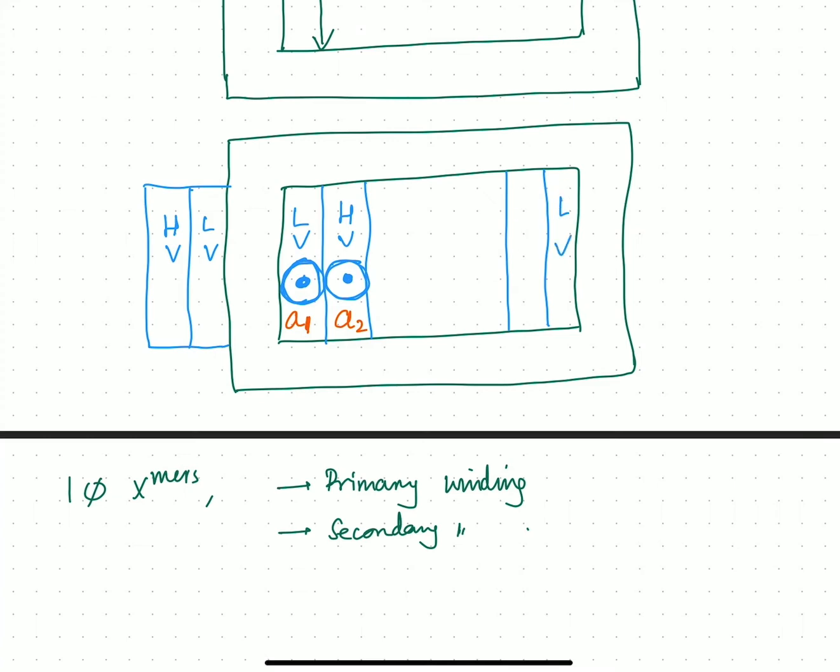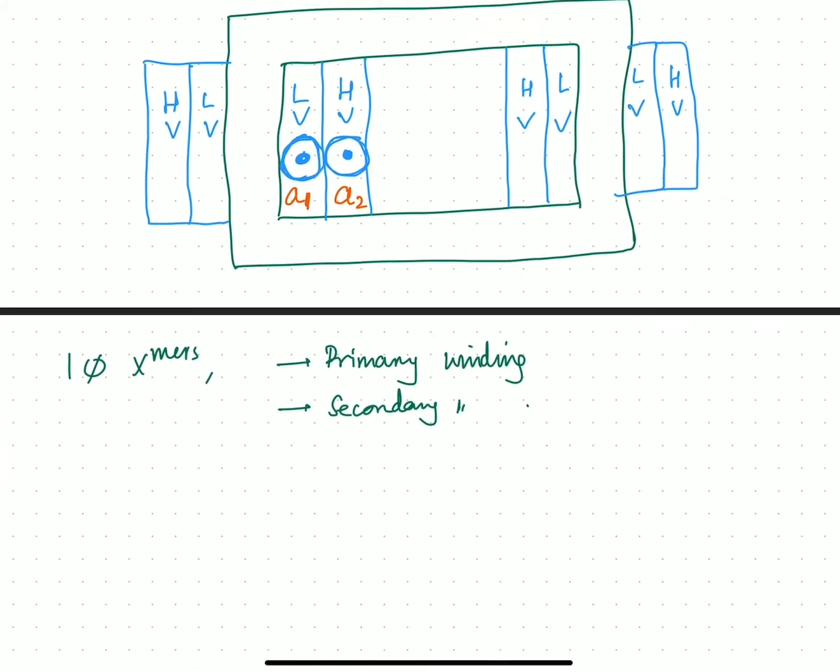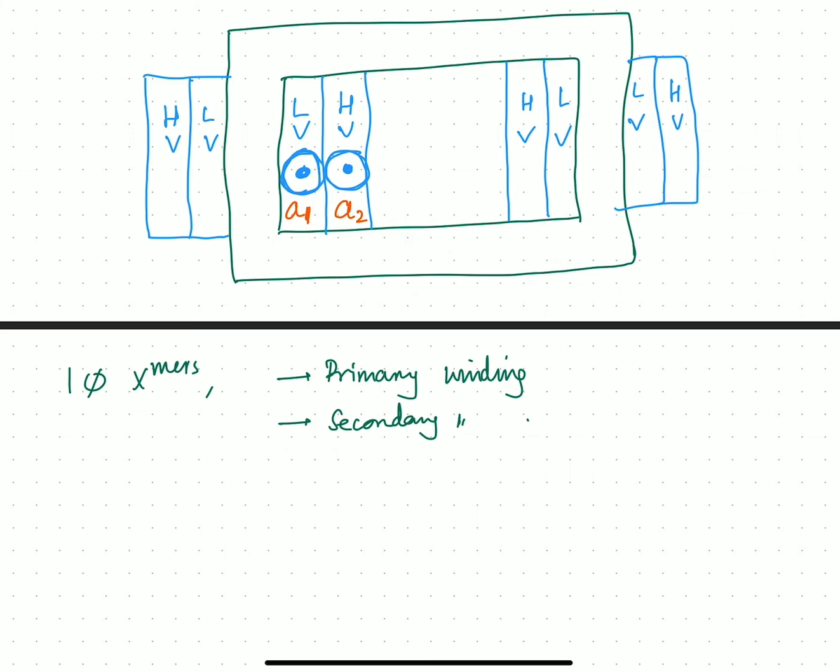This is LV, this is HV, and you have the LV here as well, and the HV here as well. So you have half of the LV winding located on one limb, and the other half is located on the other limb.